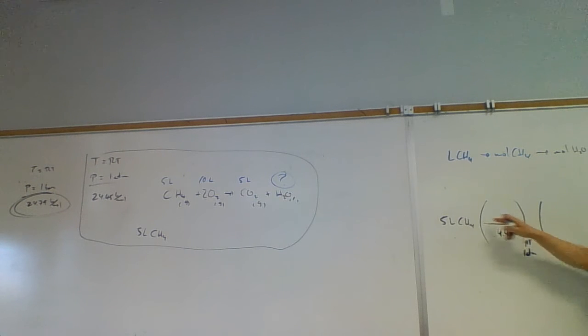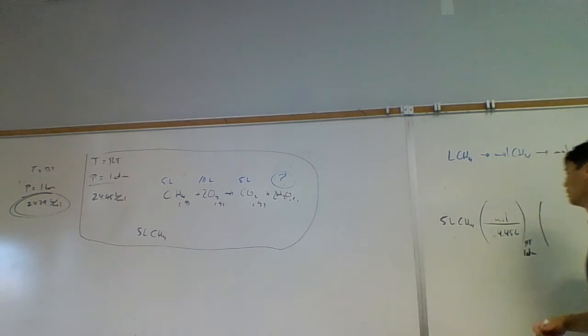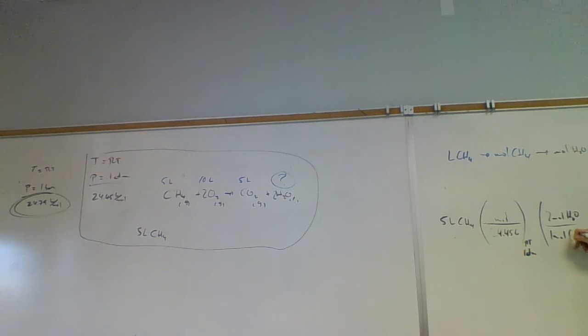So that gives me moles of methane. And then I look at the mole ratio there. It's actually, sorry, it's two water. So 2 moles of water for every 1 mole of methane. And then I know the molar mass of water, it's 18.02 grams of water per mole of water.